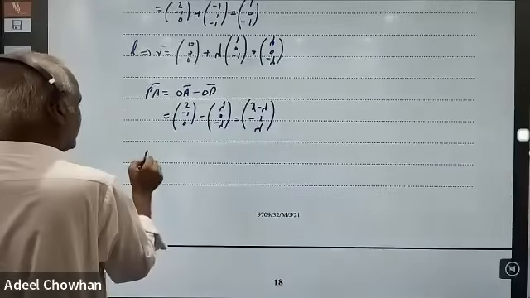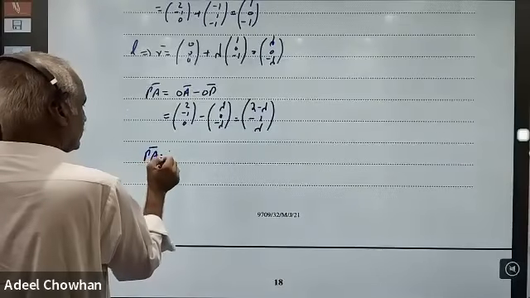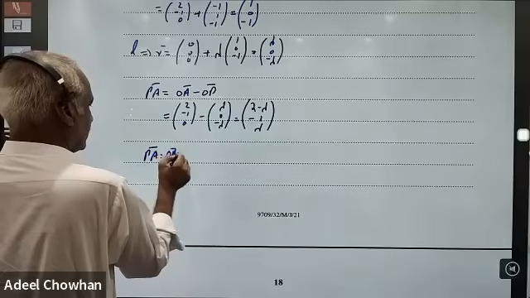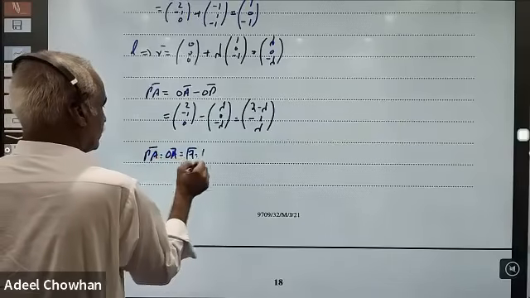Now PA ratio OA is equal to root 7 ratio 1.